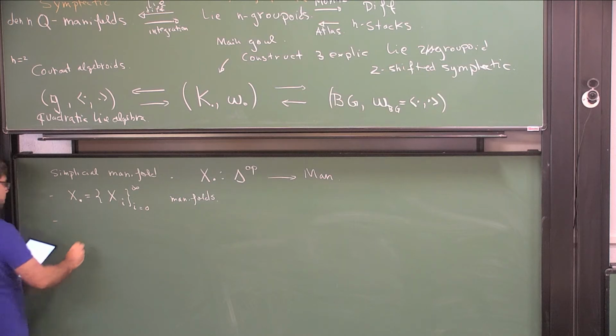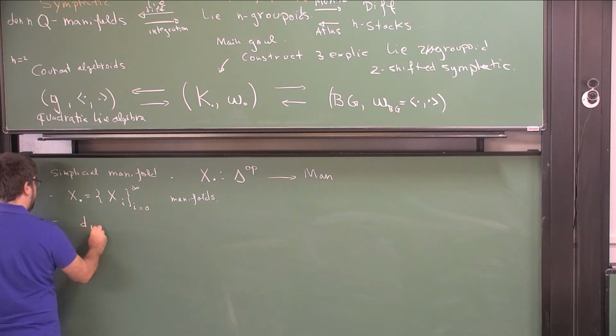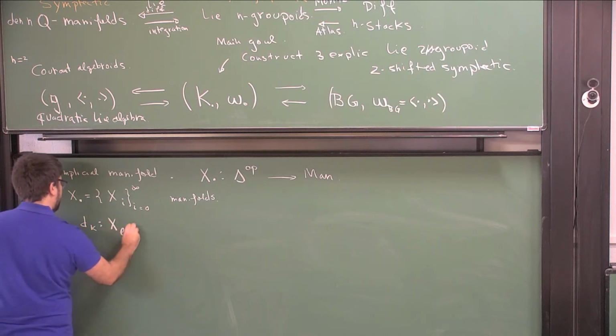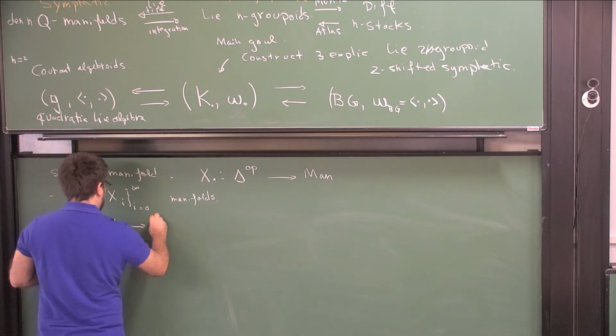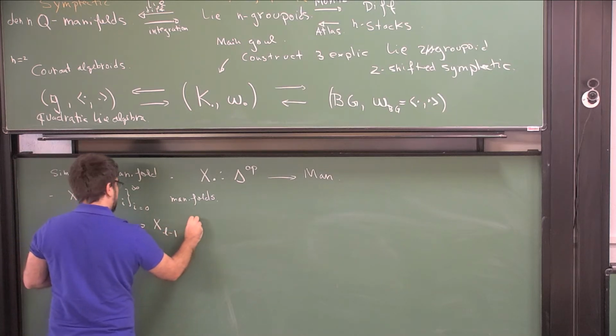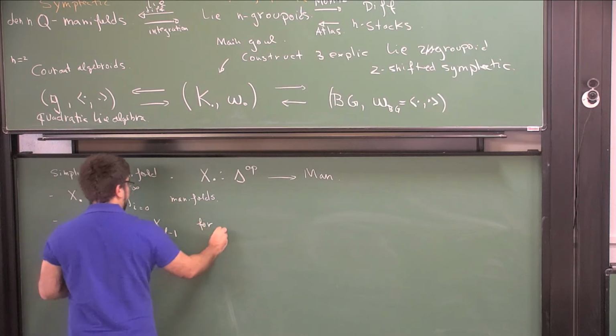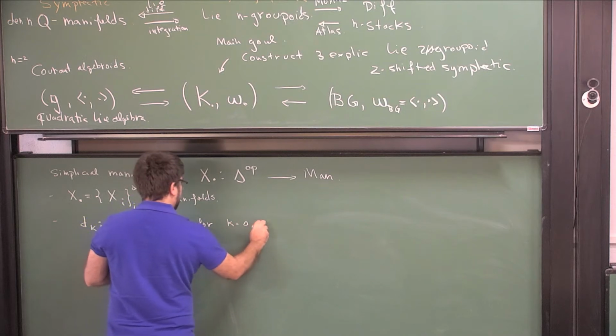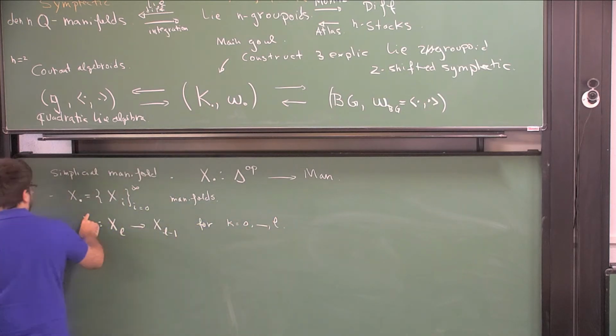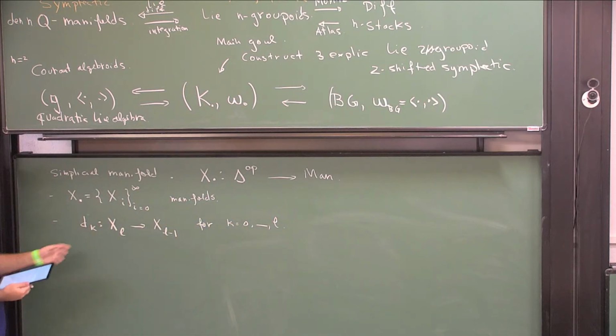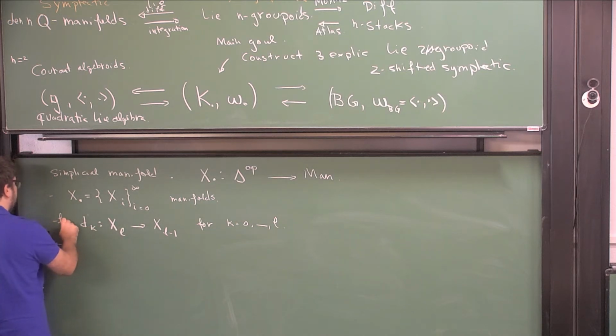And then I have some face maps d_k going in this direction, for k going from 0 to l. Sometimes people put a superindex here indicating the l; I will just drop it. These are called faces.